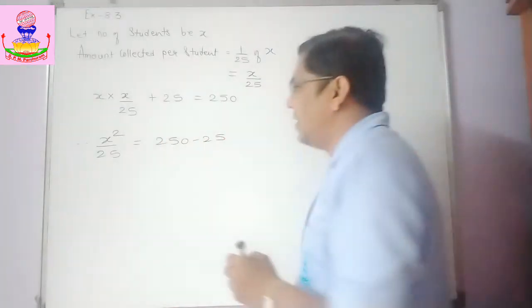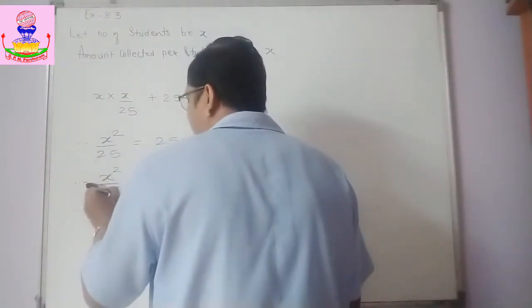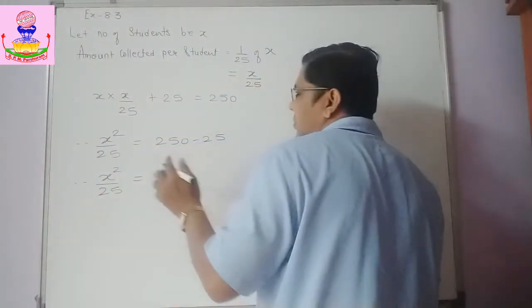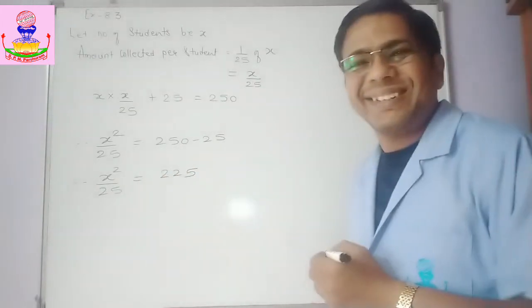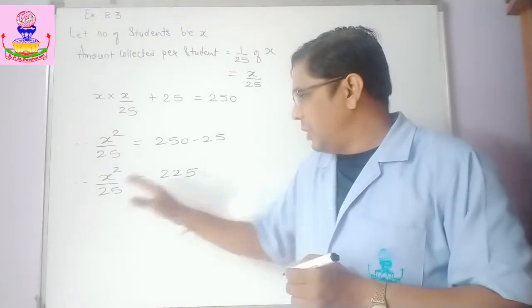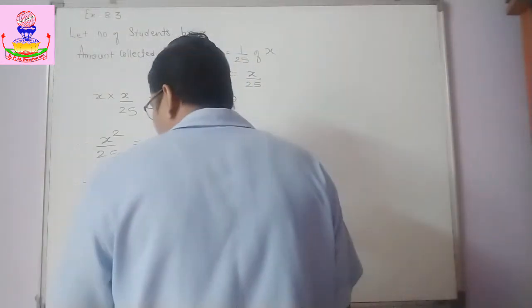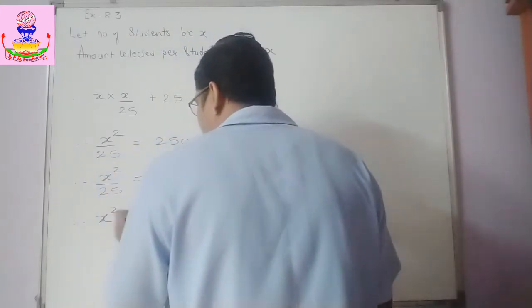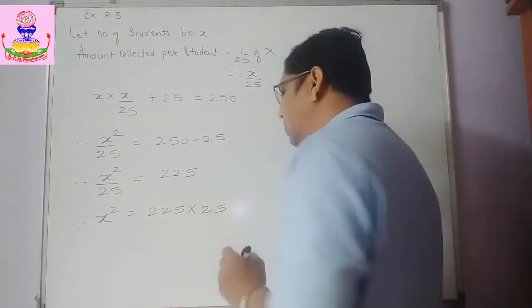It becomes subtraction. So x square upon 25, 250 minus 25, that is 225. Now bring 25 to this side. When it comes to this side, multiplication. So x square is equal to 225 into 25.